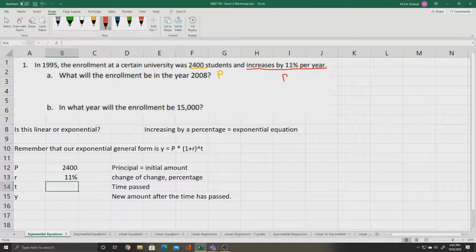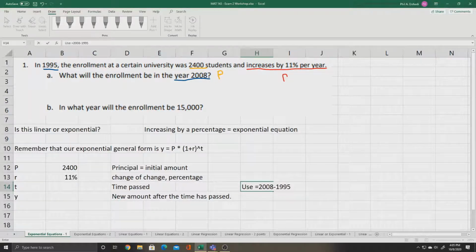Now for the time that's passed, we actually have a couple of clues here. In the second line, they tell us that we are trying to find the answer for the year 2008, but the problem doesn't begin until 1995. Therefore, to find the time that's passed, we are going to use 2008 subtract 1995.